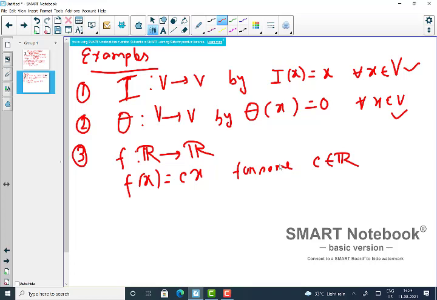Because when c equals 0, this becomes the zero map. When c equals 1, it is the identity map. And when c is not equal to 0 or 1, then also this is a linear map. We can just prove it. These are simple maps, okay? Similarly, you can talk about the higher dimensional spaces also.